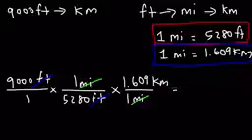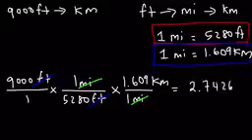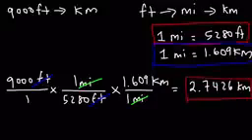So remember, divide by the numbers on the bottom, multiply by the numbers on top. So it's going to be 9,000 divided by 5,280, and then take that result, multiply by 1.609. So the final answer is going to be 2.7426 kilometers. So that's equal to 9,000 feet.